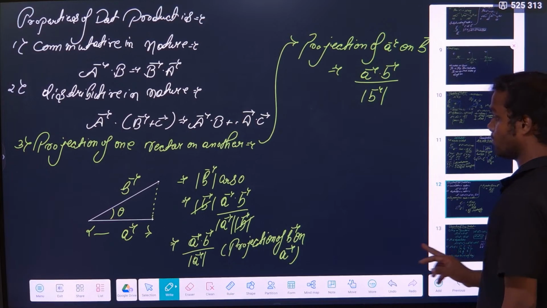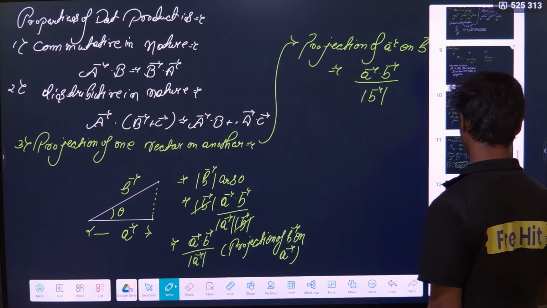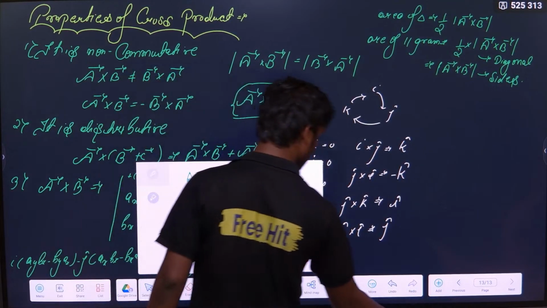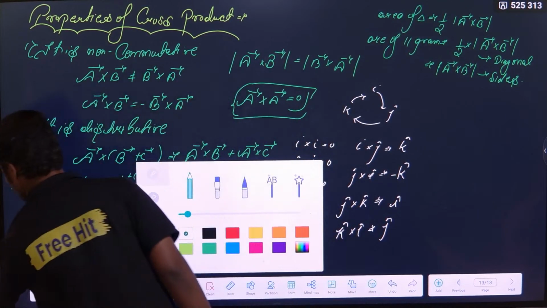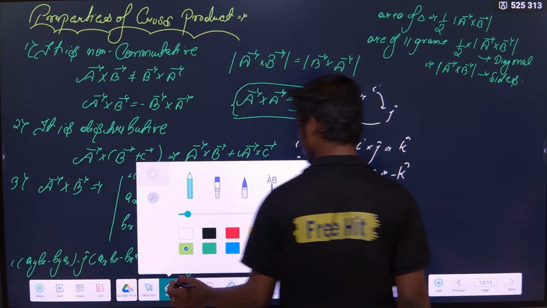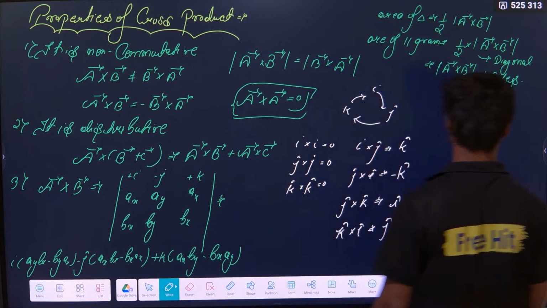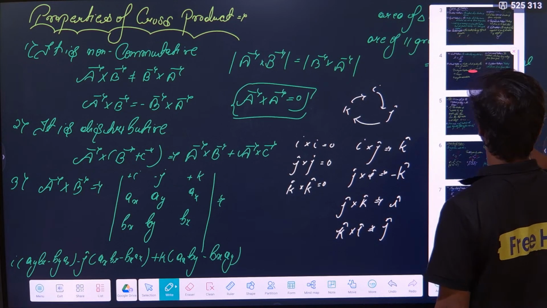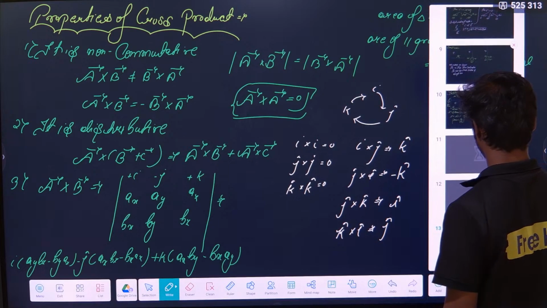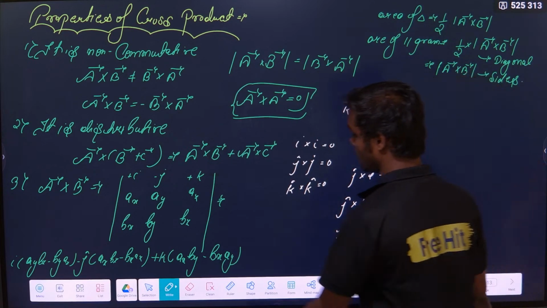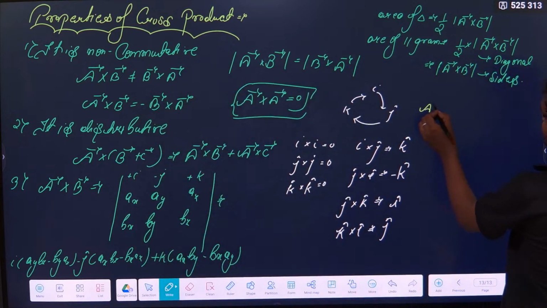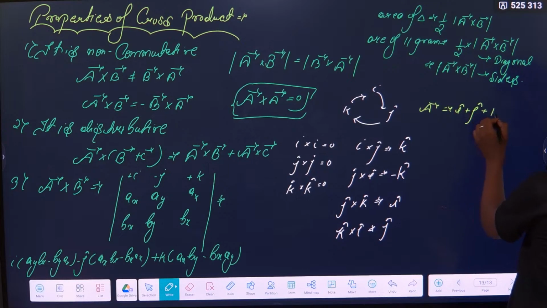One important thing I would like to tell you at the end, which is always important to remember, it's a type of trick. Whenever someone asks you to find the unit vector, suppose vector A is given as I cap plus J cap plus K cap.